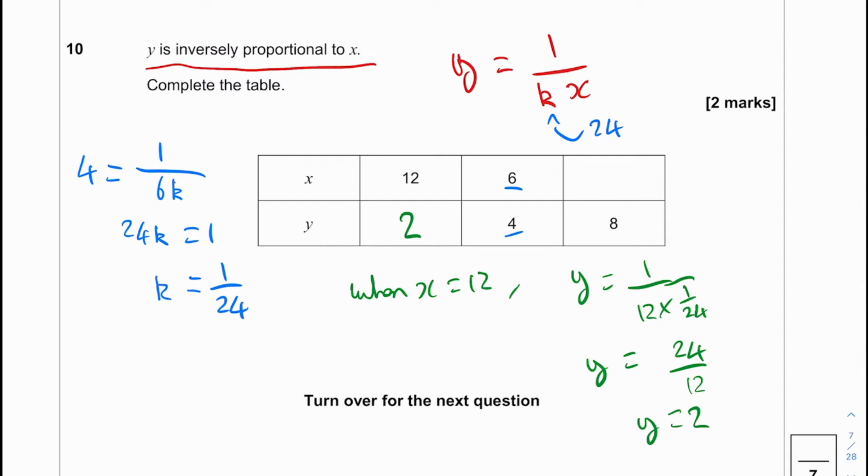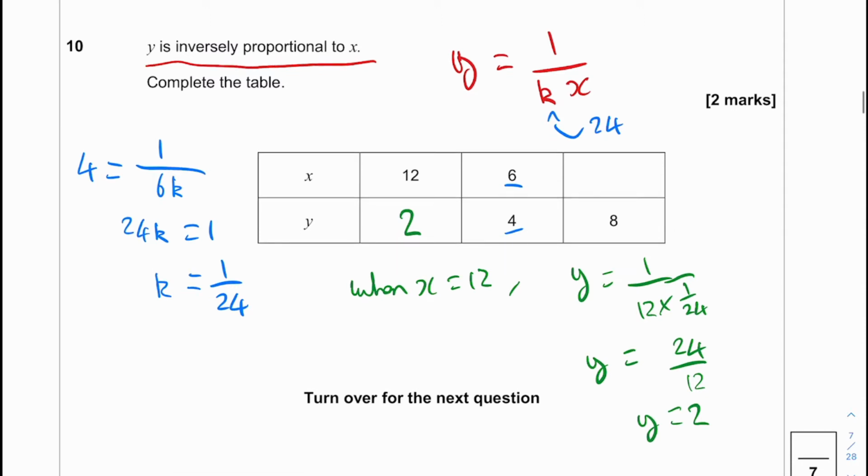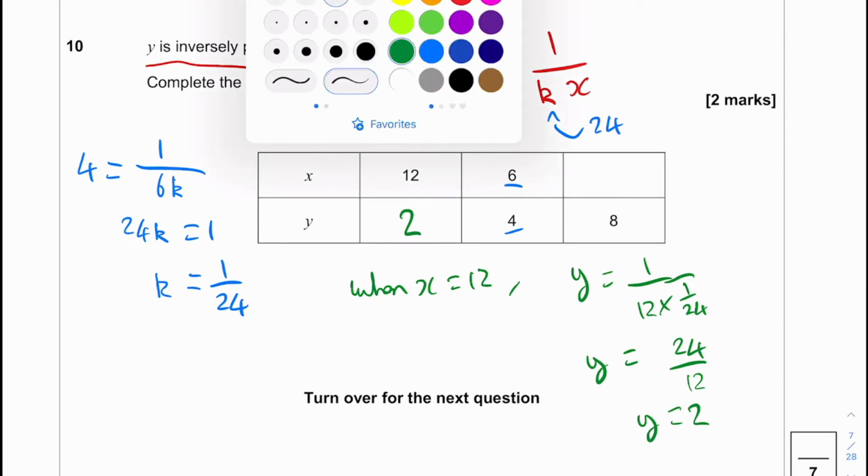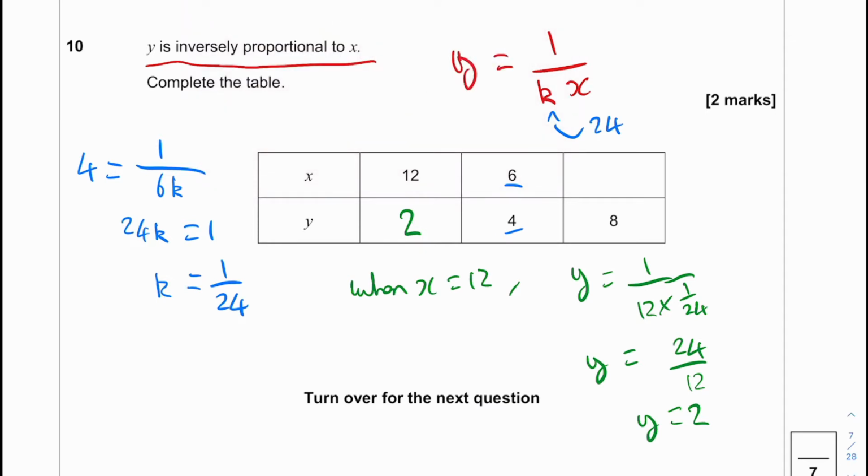So that's one of the solutions, and our other solution is when y is equal to 8 for this value here, so we've got 8 is equal to 1 over 24 multiplied by our x, so therefore 8 is equal to 24 over x, so x is equal to 3.